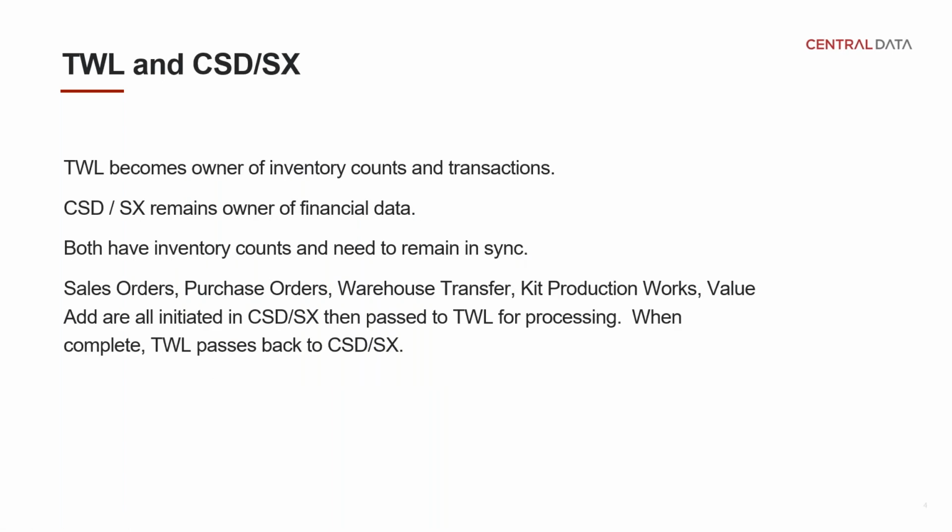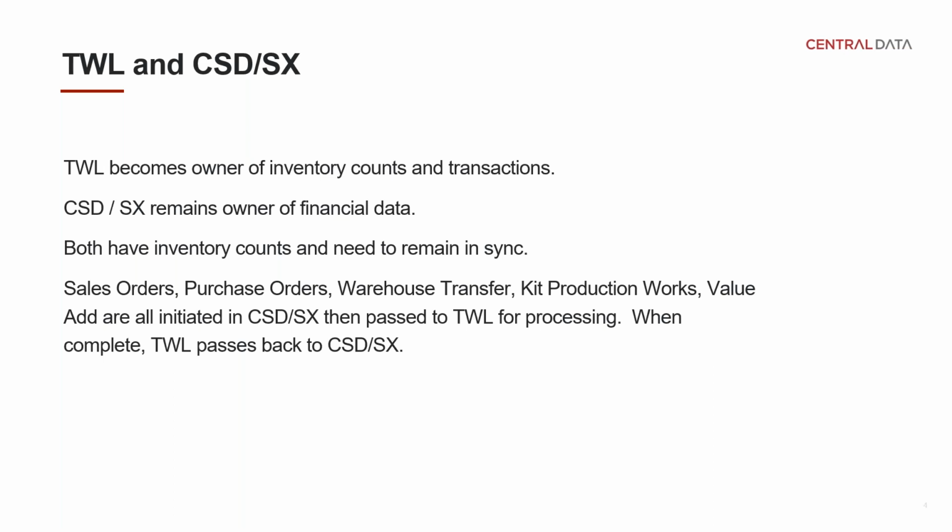So how does TWL and SX or CSD work together? Well, when you implement TWL, it becomes the owner of the inventory counts and transactions. So anything that gets checked in, received, gets received in TWL.